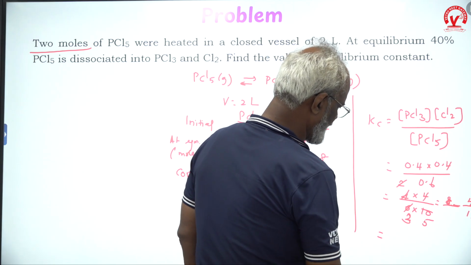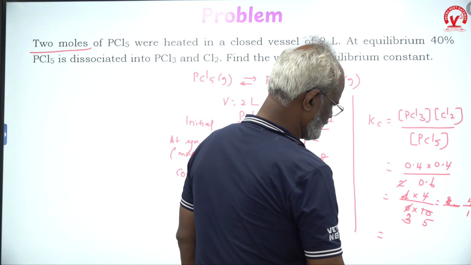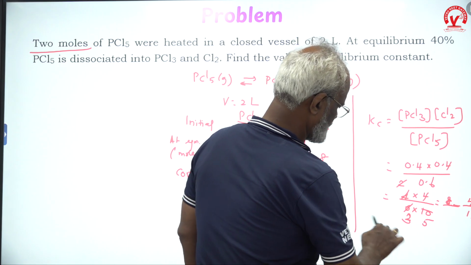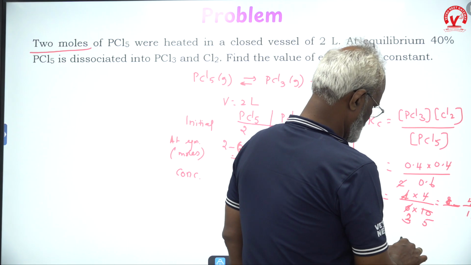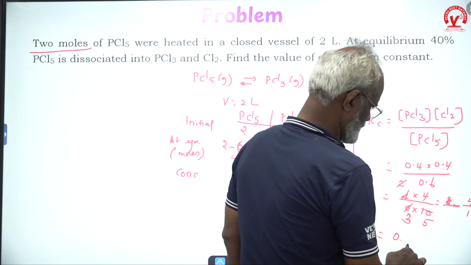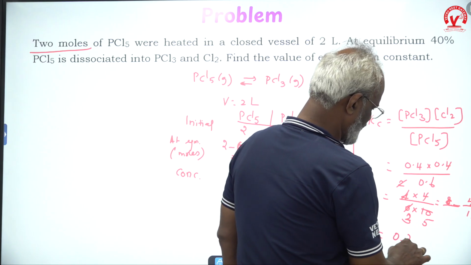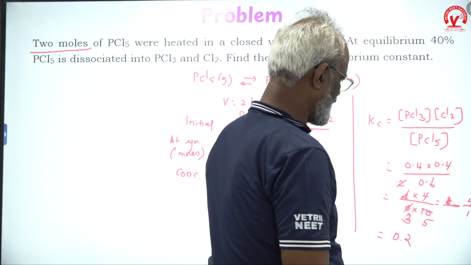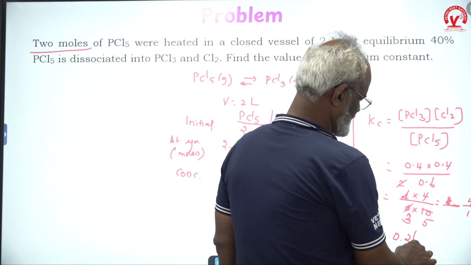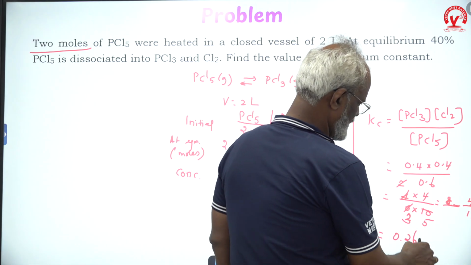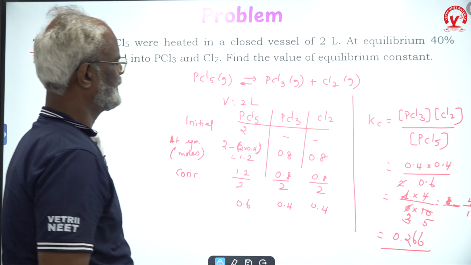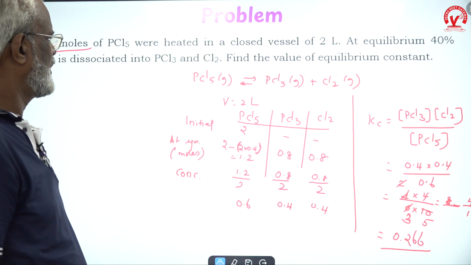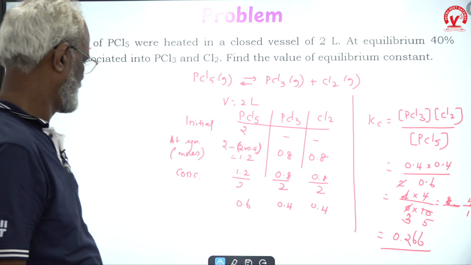We can calculate the value: 4 divided by 15 is around 0.266 you will get. So that is the equilibrium constant for this problem.